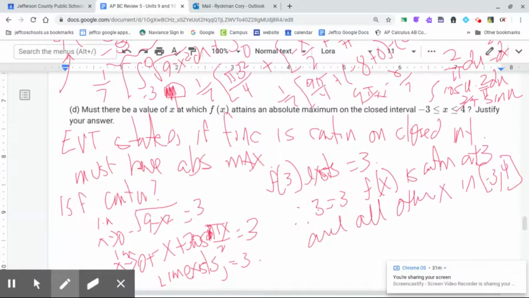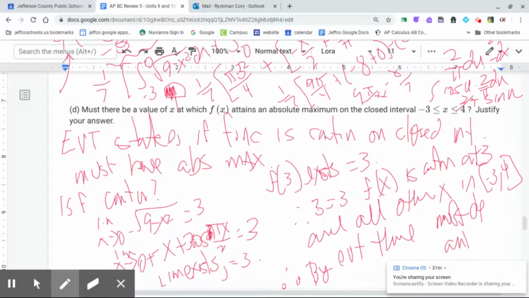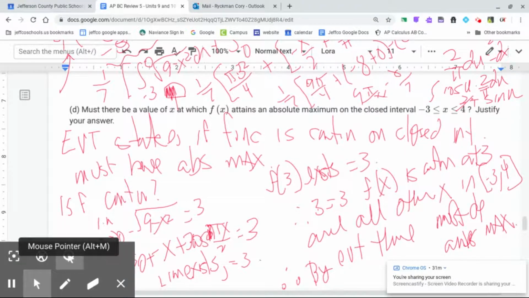So we can conclude that because the function is continuous on a closed interval, by EVT, there must be an absolute max. All right? That one was rough. All right, last one. Here we go.